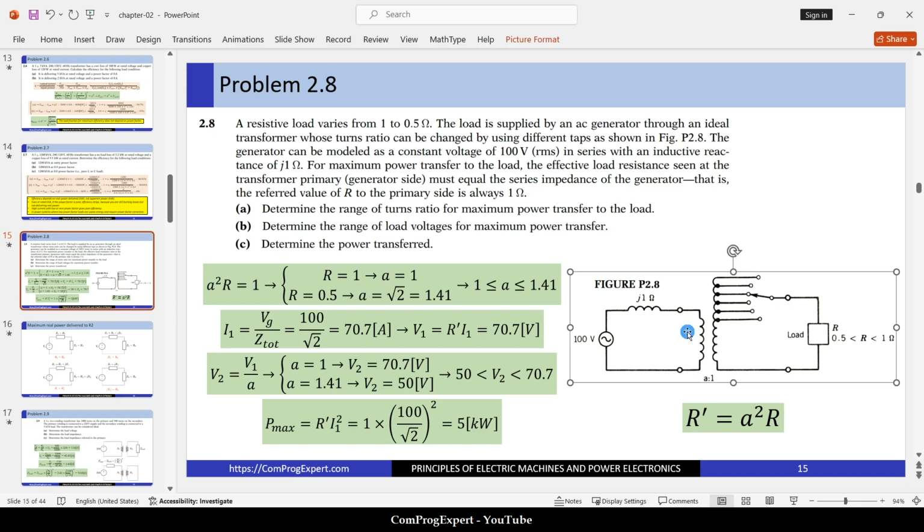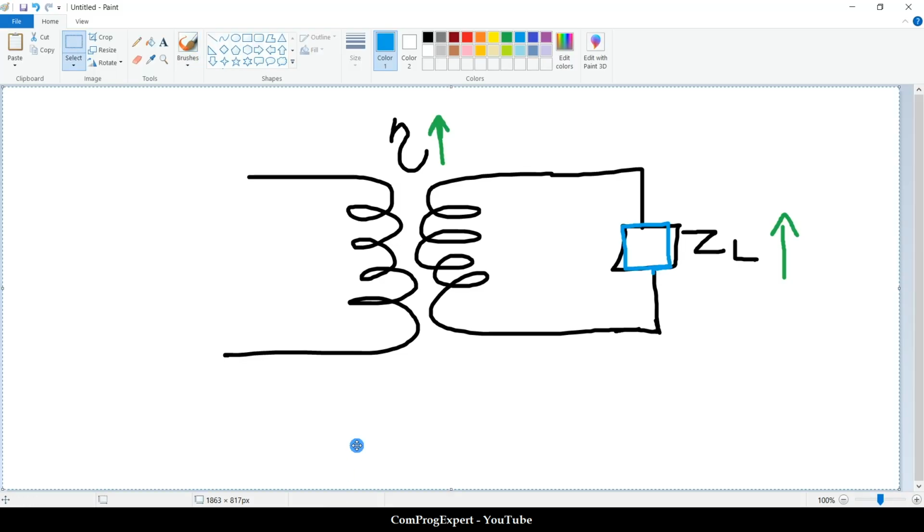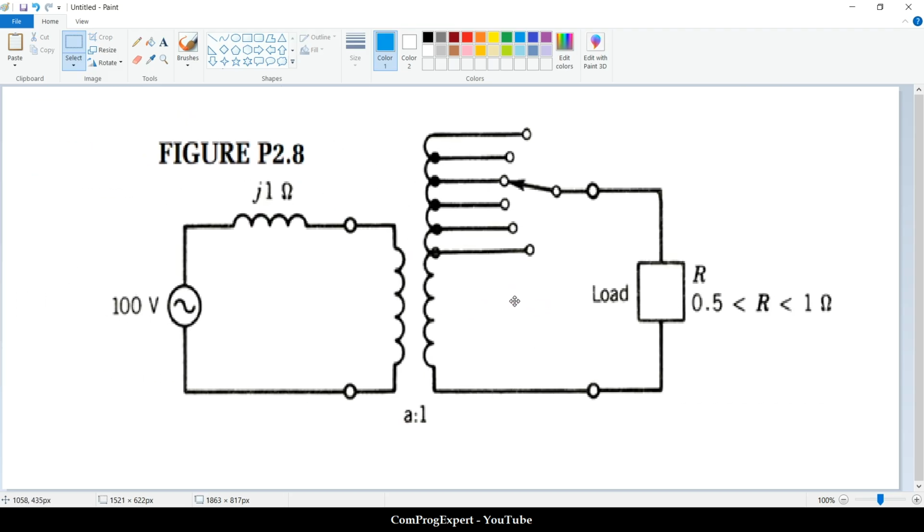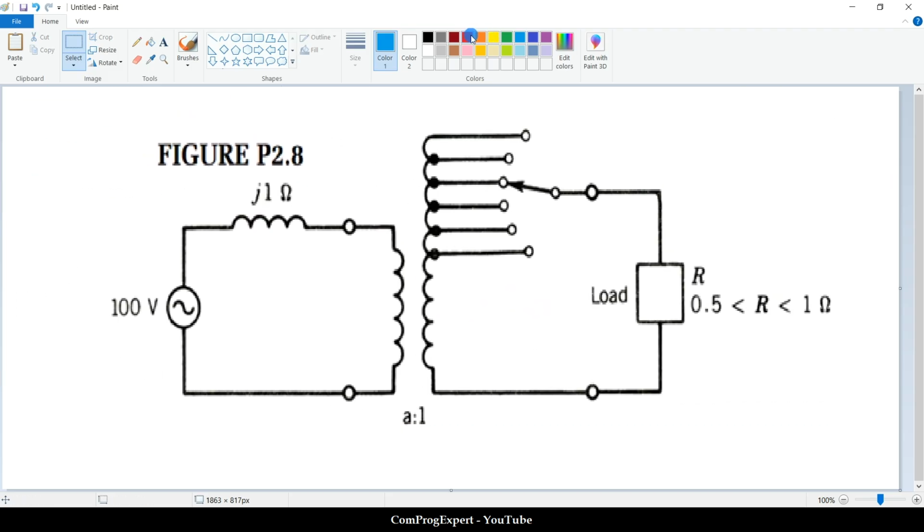So let me copy this. Here we have this generator that generates a single phase AC voltage. This is the load range, resistive load, and here is the inductor.